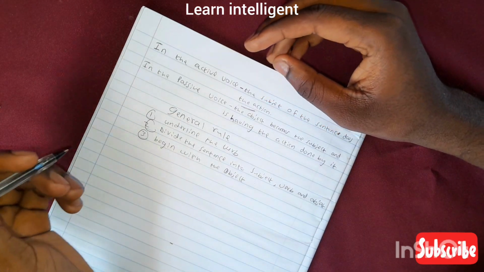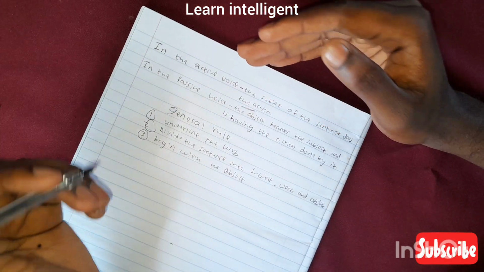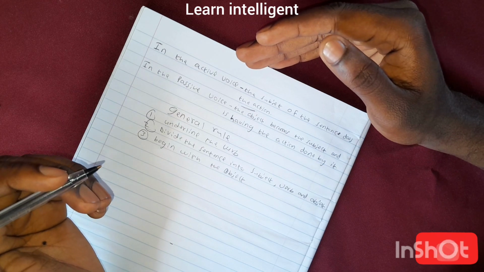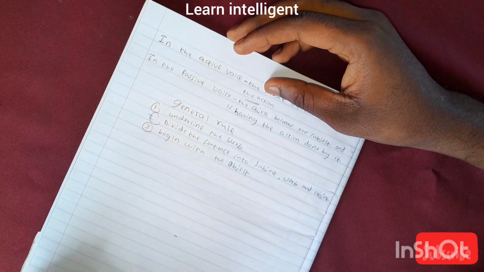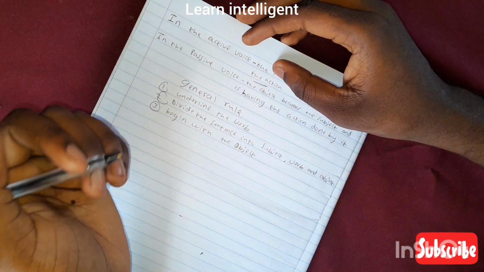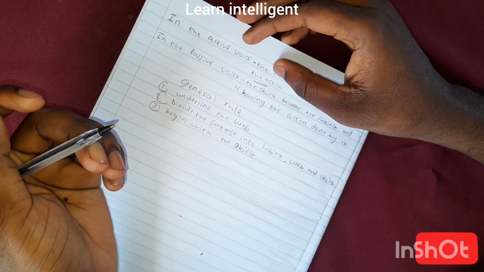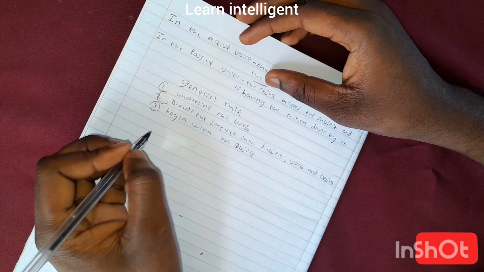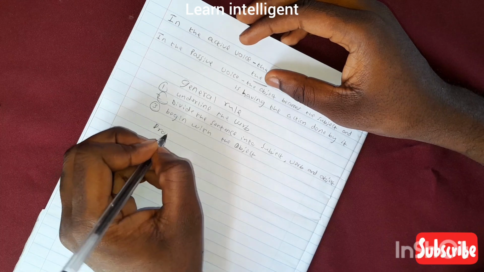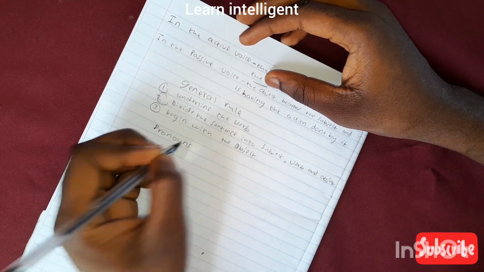Simple as that. This is the rule for us to be able to change the sentence from active into passive voice. Another thing that we have to look at when changing a sentence from active to passive is pronouns.